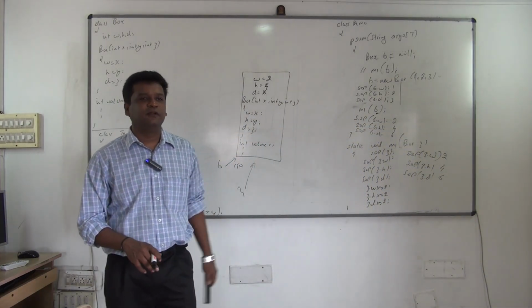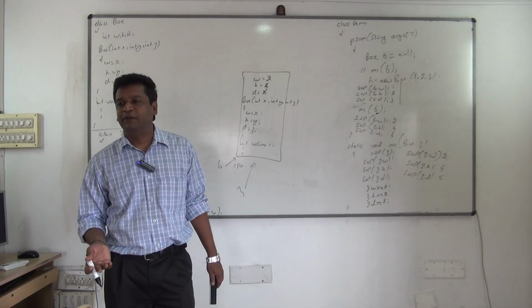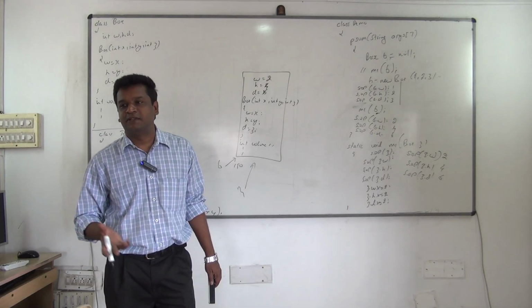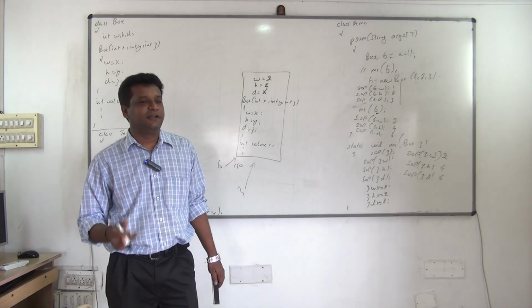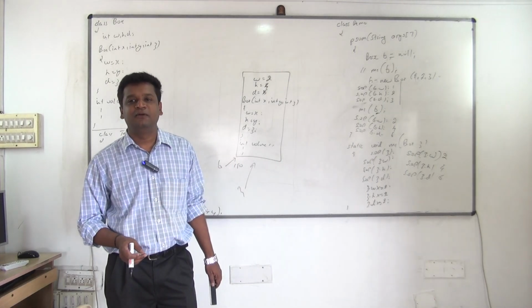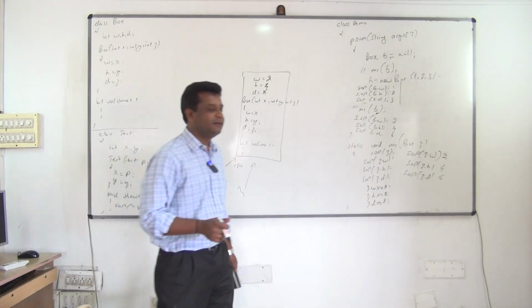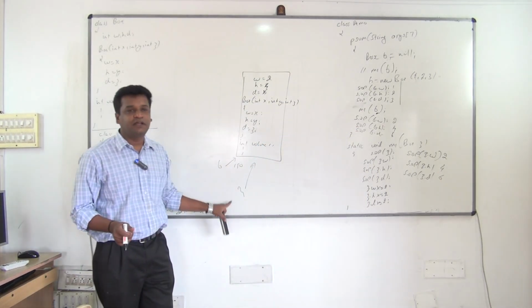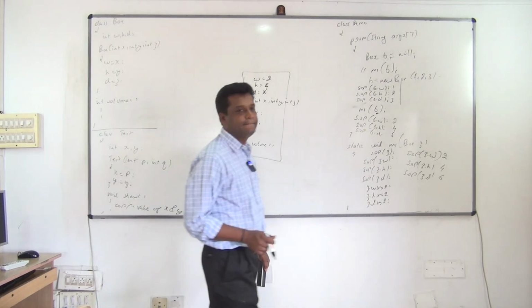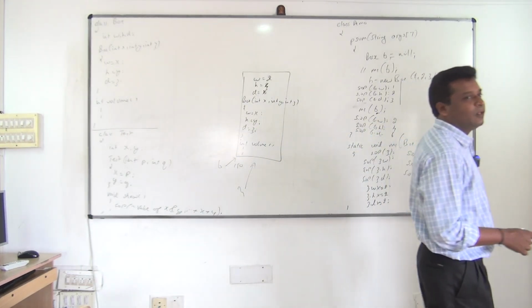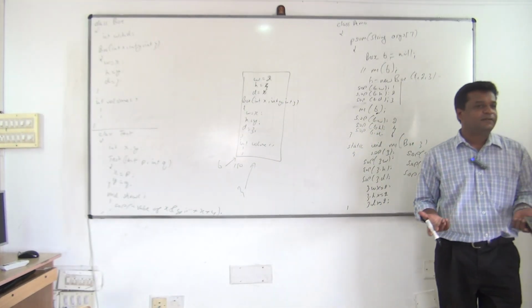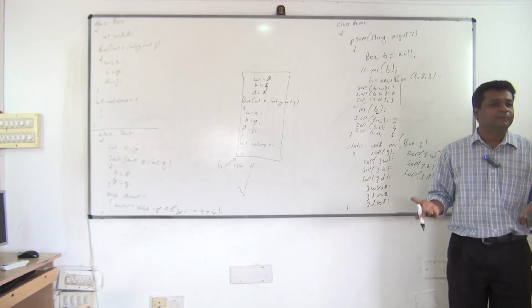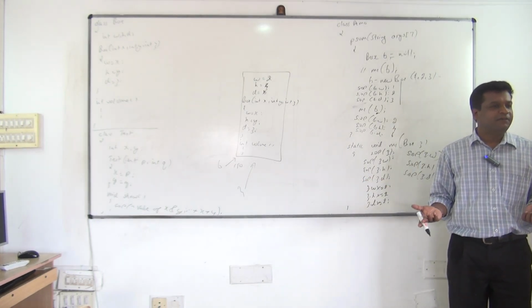All this while, what did I explain to you? B1 is equal to B2, B2 is equal to B3. Why did I explain so much? After telling the full story, some people are still saying 1, 2, 3. How will it print 1, 2, 3? If you modify in that object, it will affect both the variables, because both are referring to the same object. Only thing is, scope is different. There B1, B2 were in the same scope. Here all of them are in different scopes. That's it.